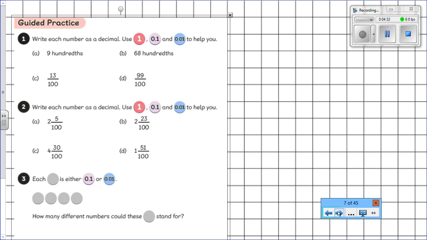If you have different coloured counters, then that would be ideal, but if you don't, then like last week, you could cut up 3 different colour pieces of paper, one colour to represent the ones, one colour to represent the tenths or 0.1s, and one colour to represent the hundredths or 0.01s. You're going to need a little bit of time to make all of these numbers, so pause the video here before you move on to the worksheet.